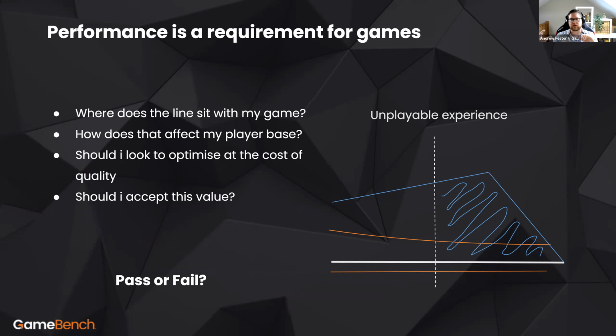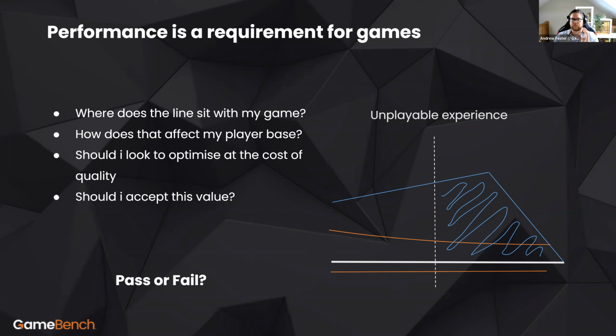So the questions that we need to now ask from setting up a QA process is, how do we define this line? How do we define this line as far as performance is concerned? And I guess a question for the business as well is, how much of the player base are we potentially missing out on?